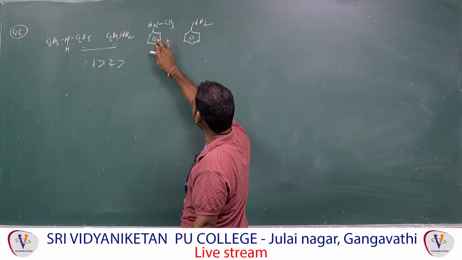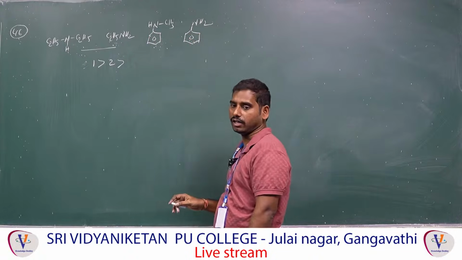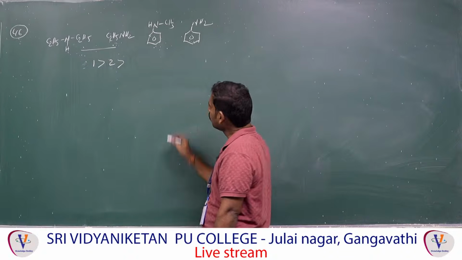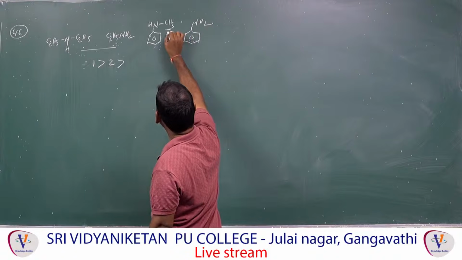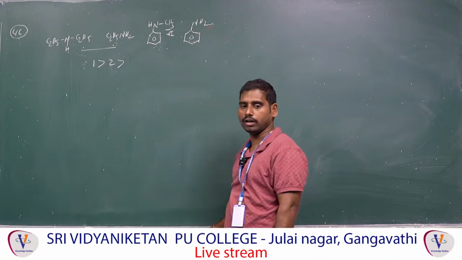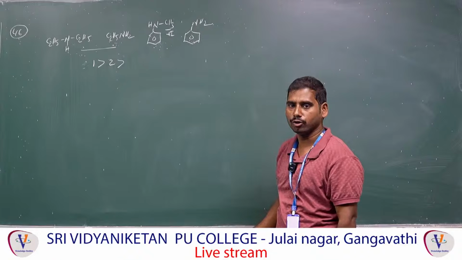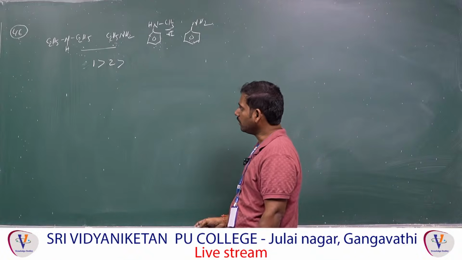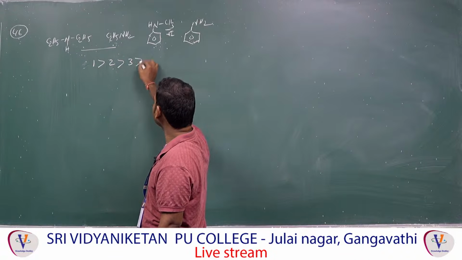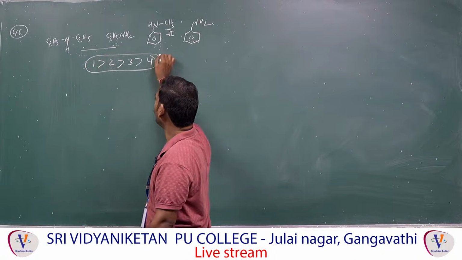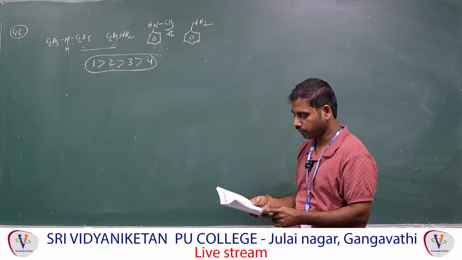Because of resonance, in these two cases basic nature decreases. But in the third one, the adjacent group is +I, an electron releasing group, so basic nature increases. So the answer is first 1, 2, followed by 3, then 4. This is the answer for 46.